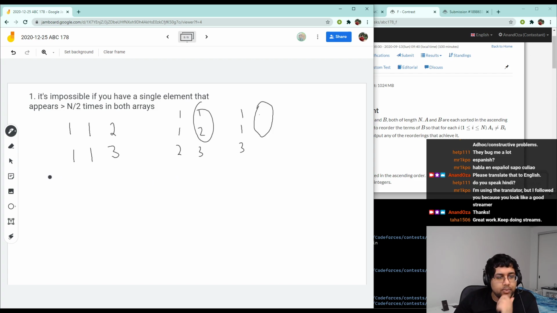So if we imagine 1, 1, 2, 3 and 1, 2, 3, 4, we want to assign indices to each of these numbers so that we don't assign anything the same index twice, and we have 2 copies of each index.